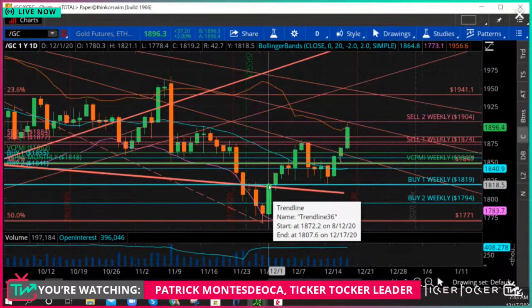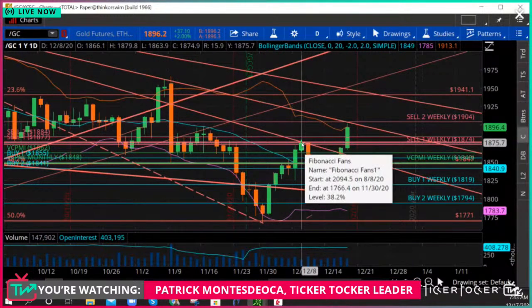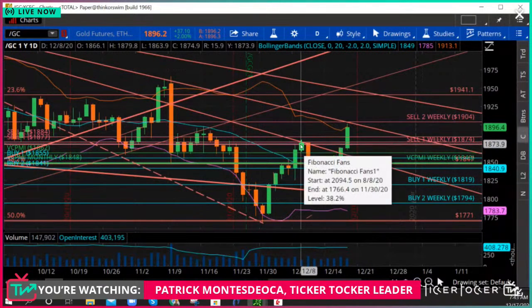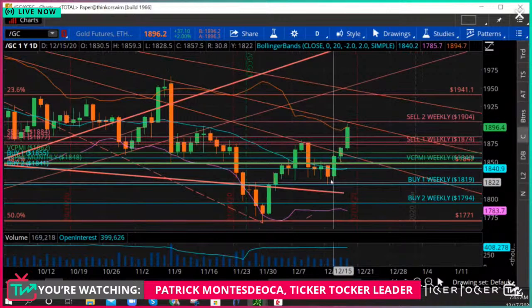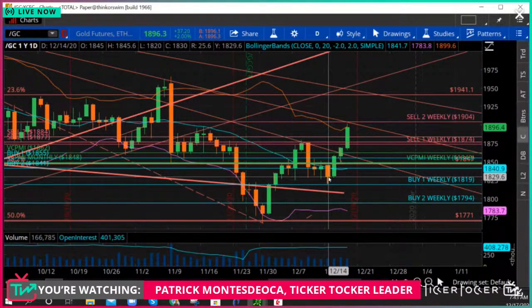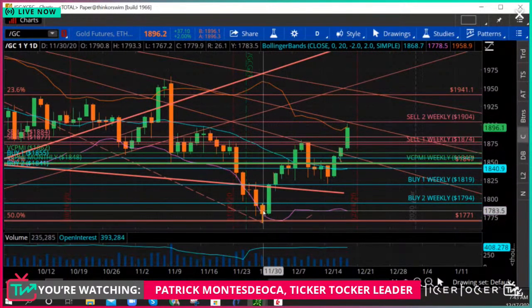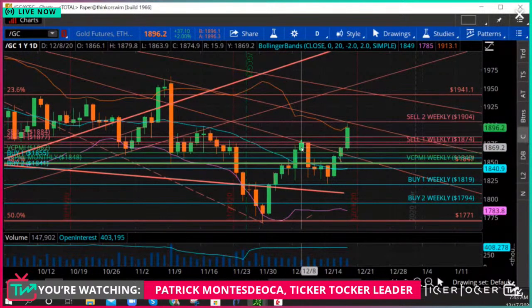And upon testing the first leg, it appears that this now was the second leg, from a high of 1879 to a low of 1820, which is the recent low. And this leg here, from the low of 1767 to 1879, is over a $100 move. It's about a $120 move.